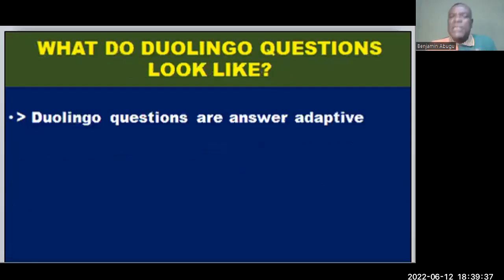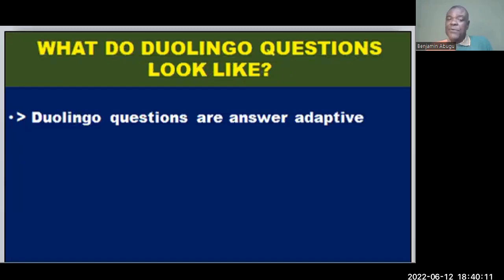Then what do Duolingo questions look like? All right, now you need to understand that the questions in this test are answer adaptive. What does this mean? It means that the questions change depending on the strength or accuracy of your last answer. If you answer a question correctly, you might be given a more difficult question next.